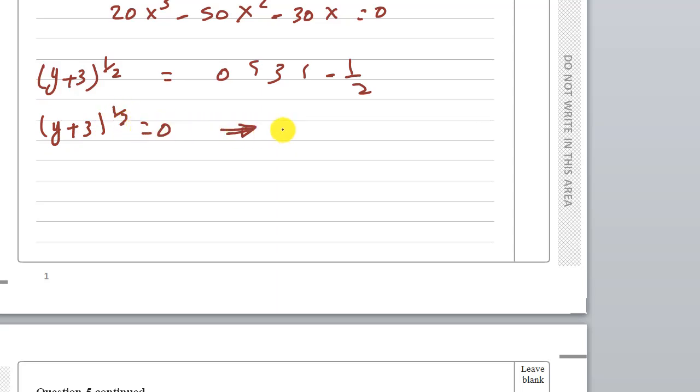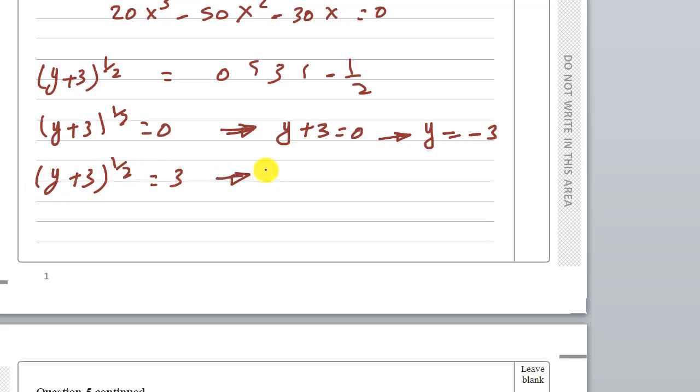So from here y plus 3 is equal to 0, so y is equal to minus 3. The second part, y plus 3 power half is equal to 3. So y plus 3 is equal to 9. So from here y is equal to 6.